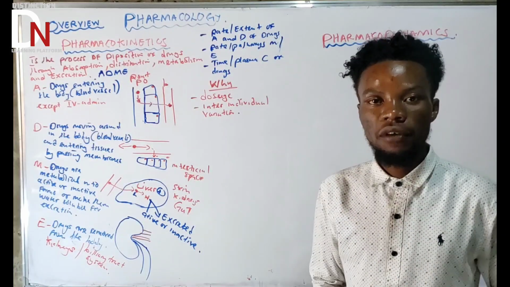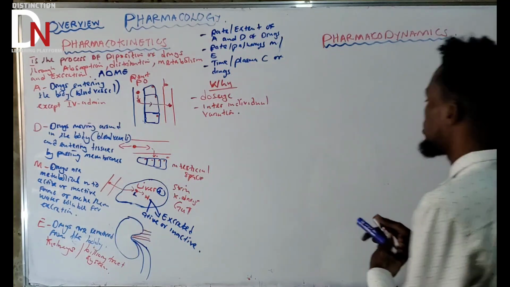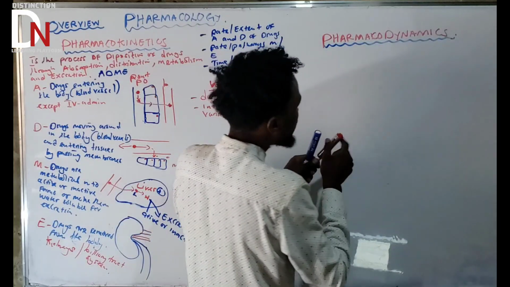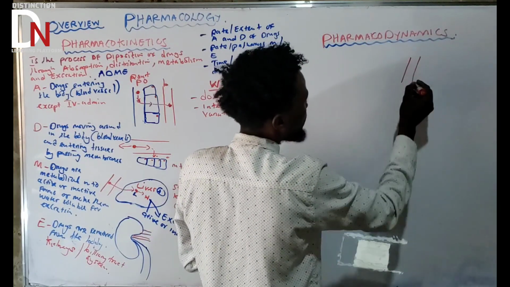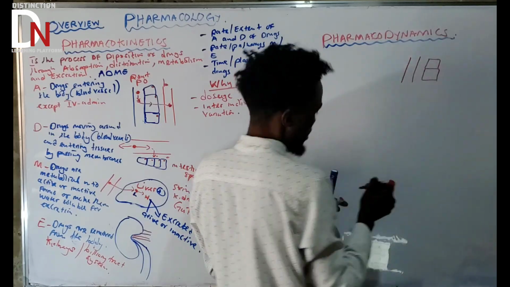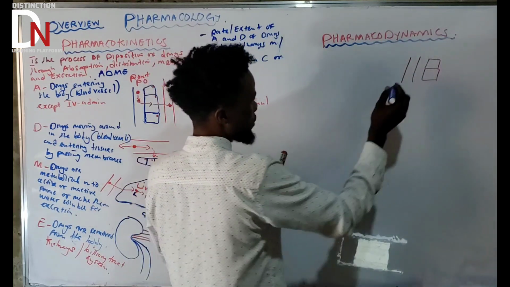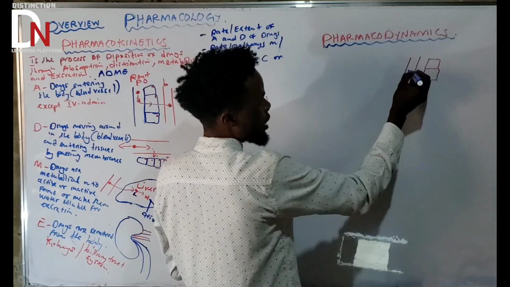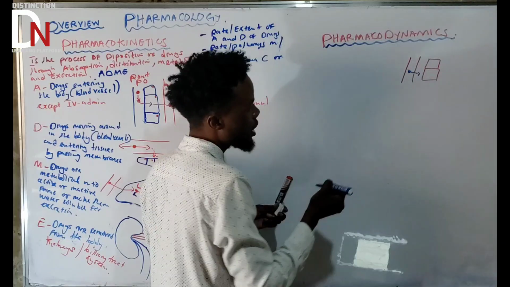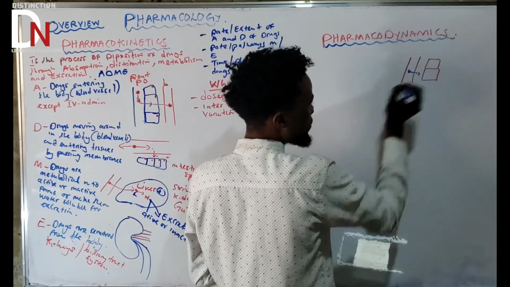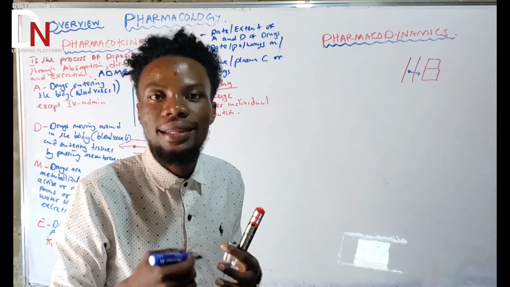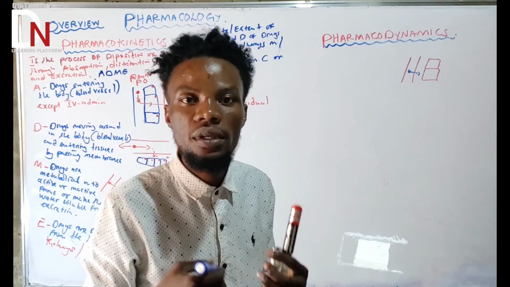Now, what is pharmacodynamics? I'll give an illustration here. We have a blood vessel here, and these are cells within the interstitial space. If a drug is distributed into this interstitial space, what's going to happen? Pharmacodynamics talks about how this drug that has been distributed in the interstitial space interacts with the cells to produce a specific effect.